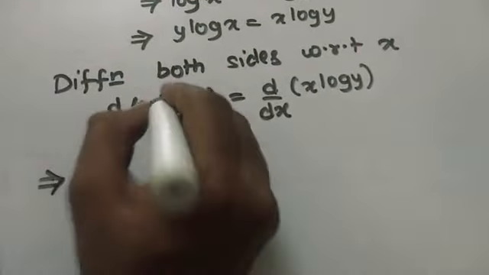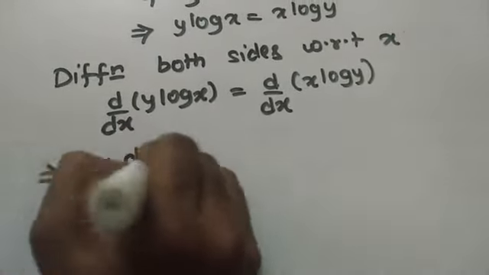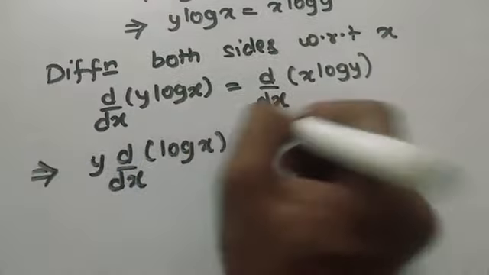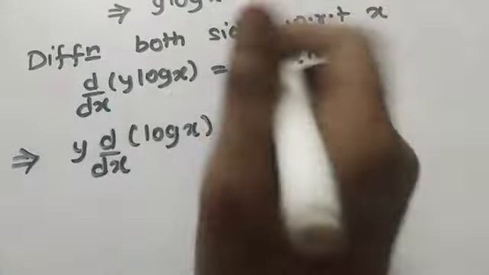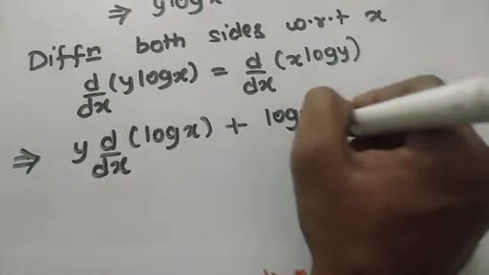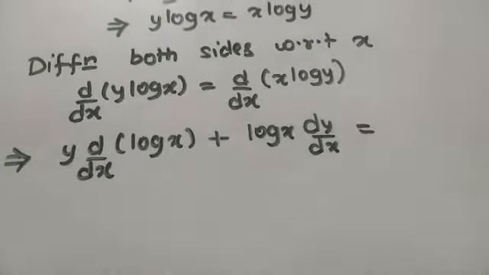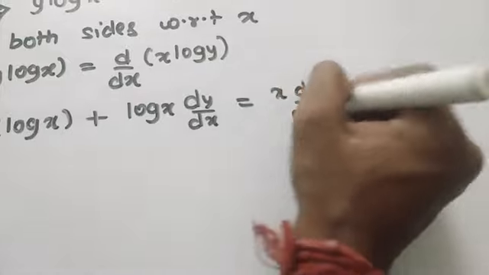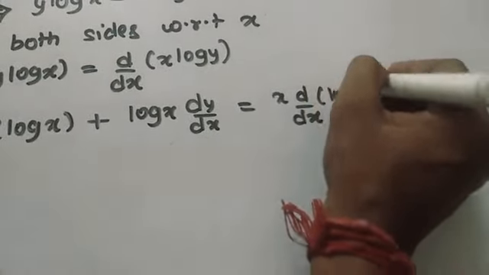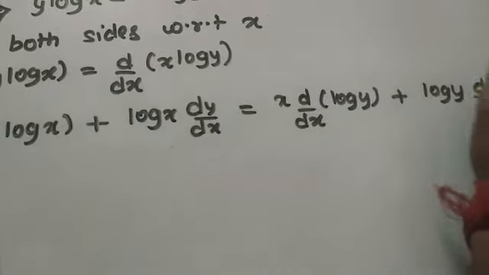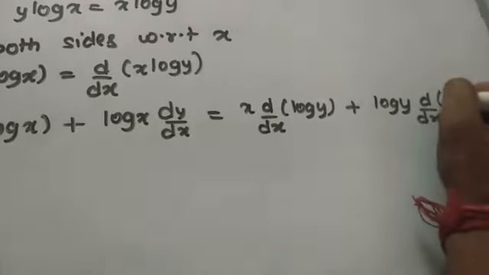So after differentiating, there is product rule here, y d/dx of log x plus log x dy by dx, and for that side x d/dx of log y plus log y d/dx of x.